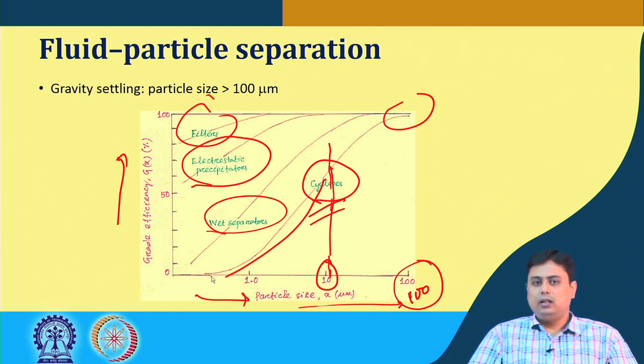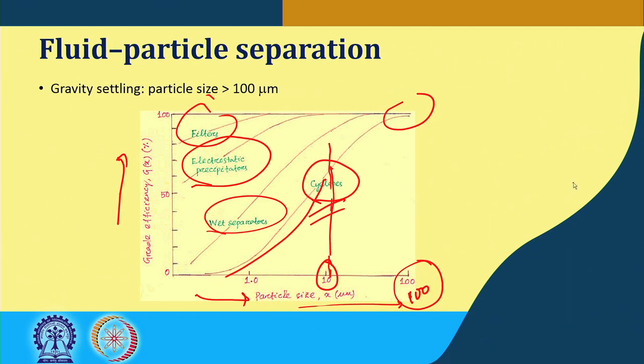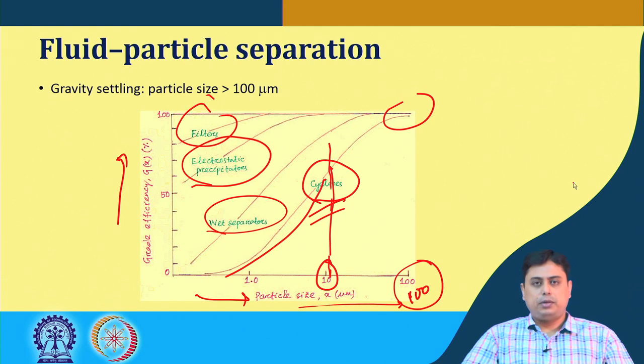Below 10 micron it is typically not suitable. It can work, but the chances are the particles may escape through the cleaner gas if the number distribution of such 10 micron particles is higher. So, based on this idea, we have to choose an appropriate separation process to separate our desired product.